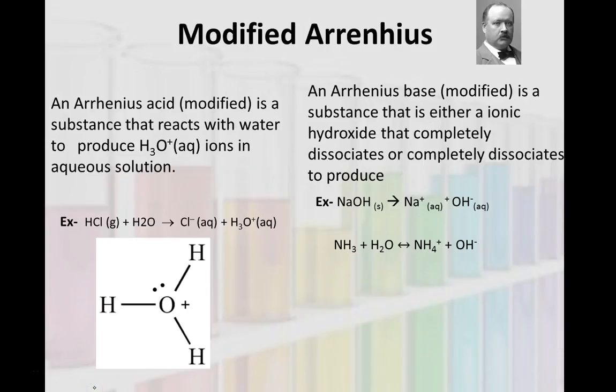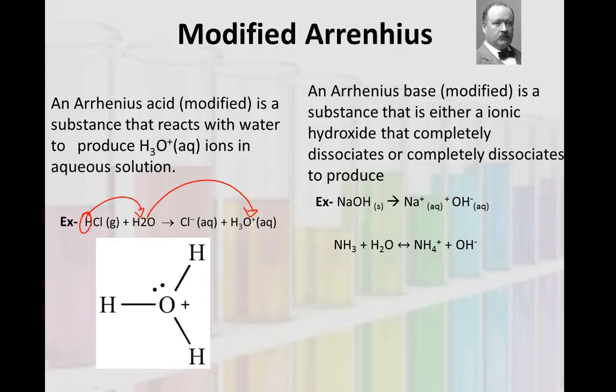So then you should have looked at the modified Arrhenius theory, and this is the theory we still use in part here, and then we add to it. For an acid, acids are a substance that react with water, and the water ends up gaining the hydrogen. The hydrogen transfers over to the water to create my hydronium ion. Hydronium ions are what's responsible for acidic properties.